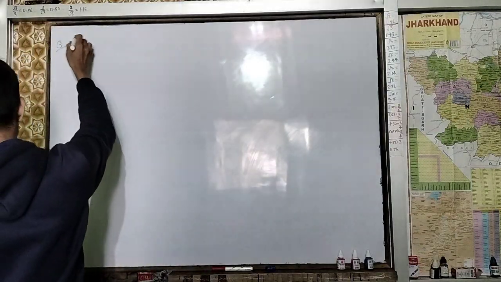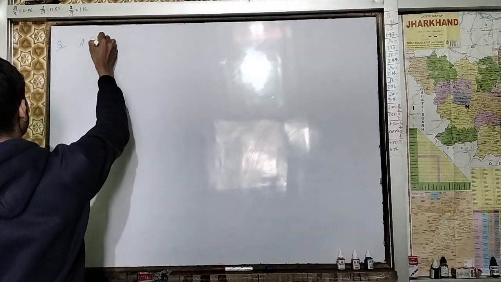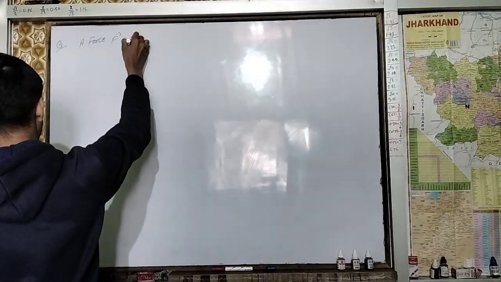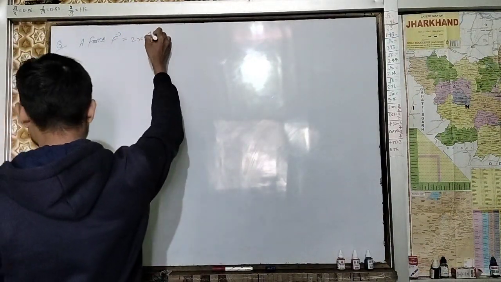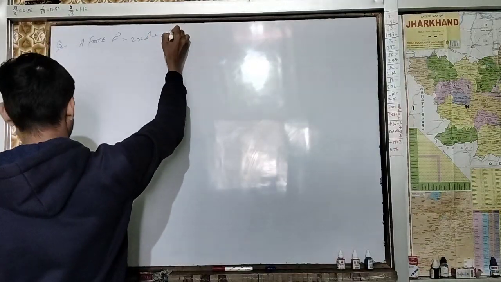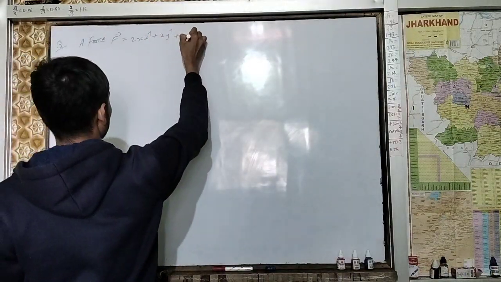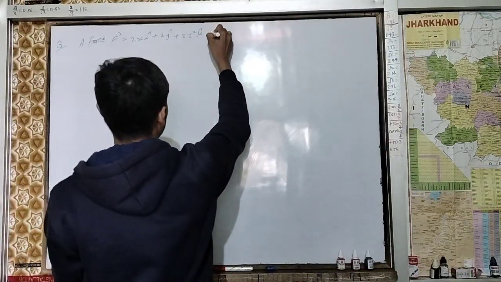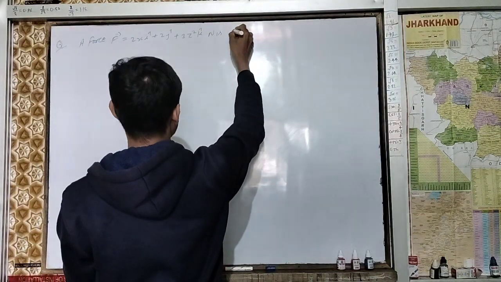Next question: a force F is equal to 2x i cap plus 2j cap plus 3z square k cap newton is acting.